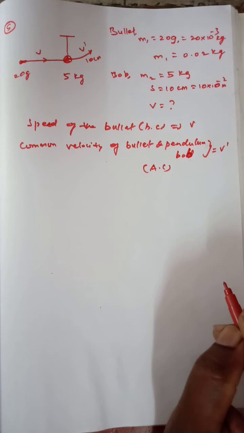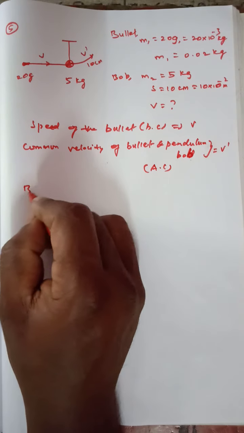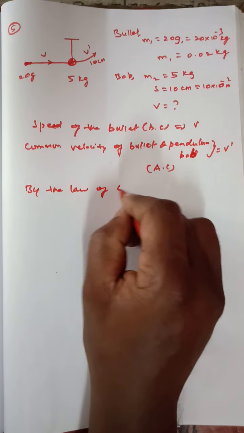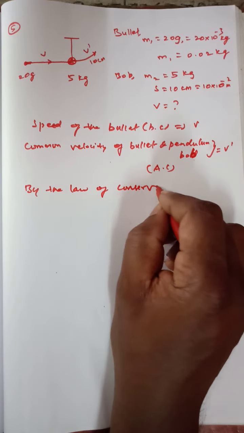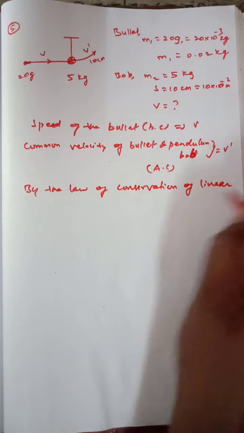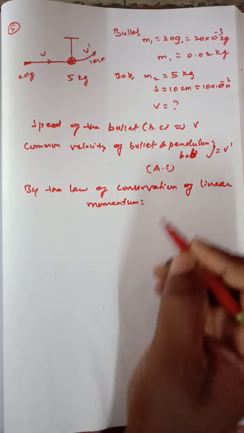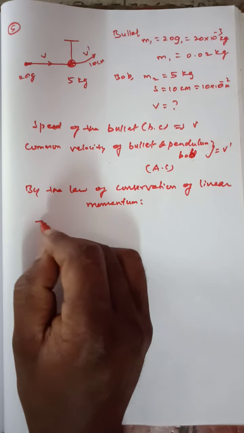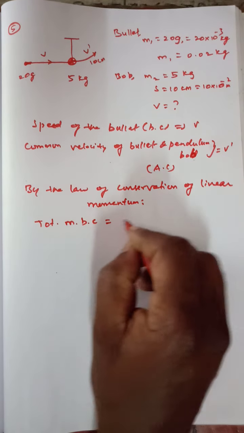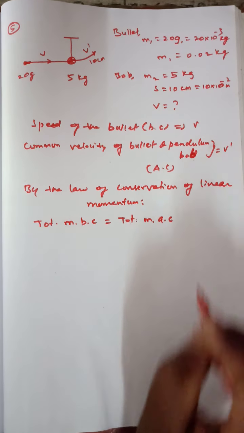By the law of conservation of linear momentum, total momentum before collision is equal to total momentum after collision.